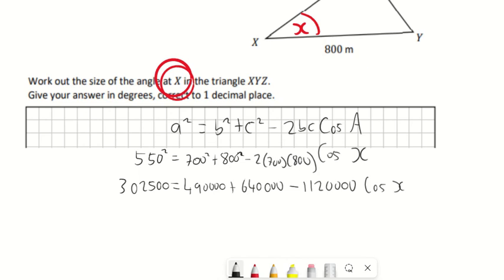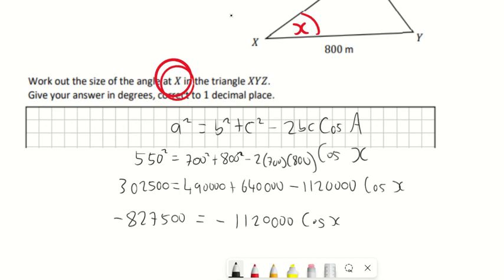So I'm going to take this 490,000 and this 640,000 and move them across the equal sign. So when they go across to the left hand side, they become minus. So we're just going to take them away from 302,500. So that's going to leave us with 1120 cos x on the right hand side.